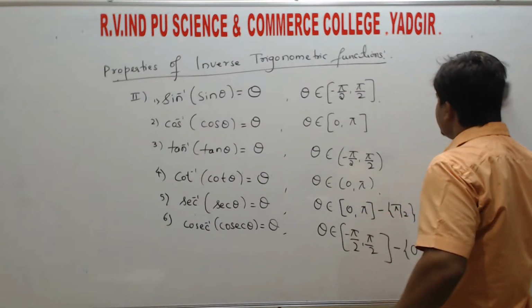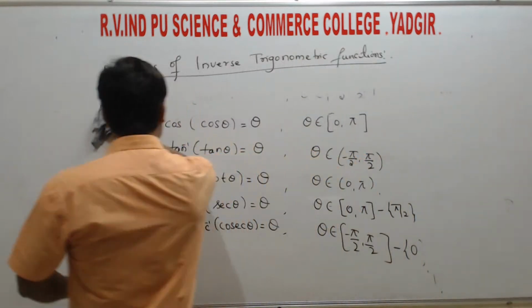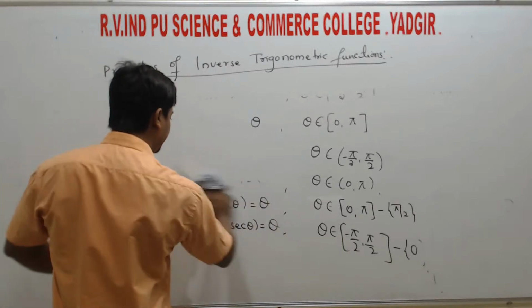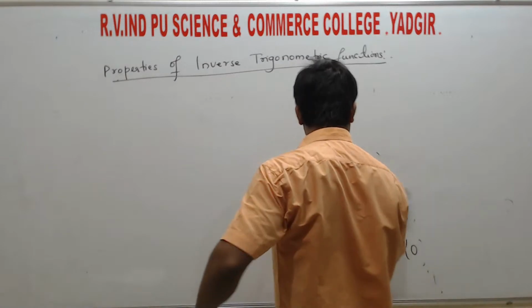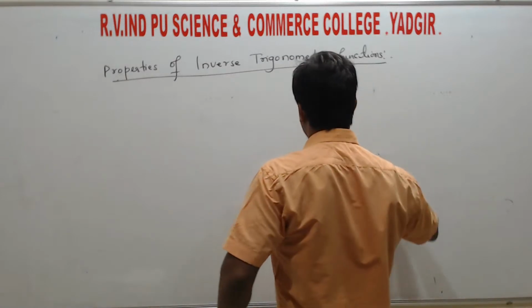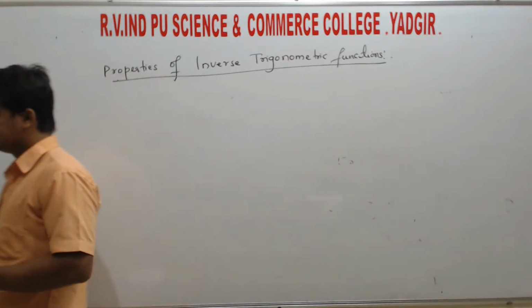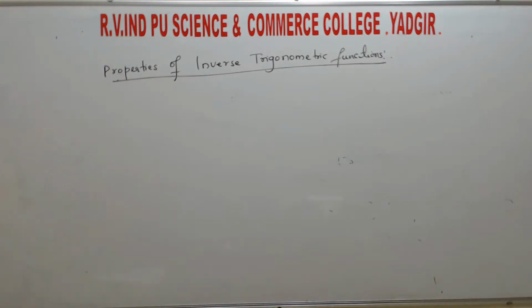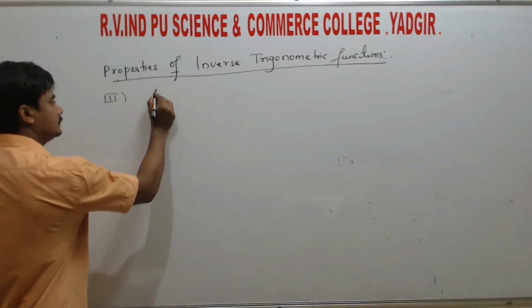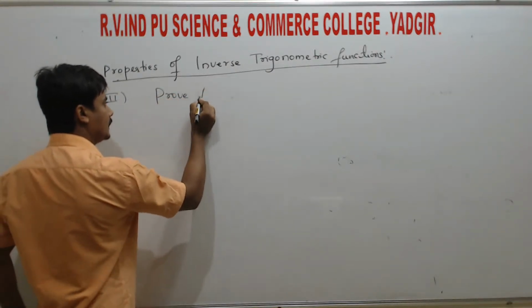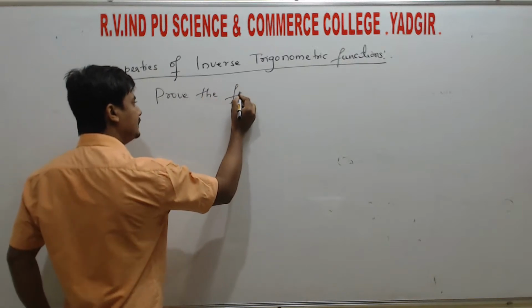In the first set we have seen 6 properties, in the second set we have seen 6 properties, and in the third set we are going to see 3 properties. Prove the following.